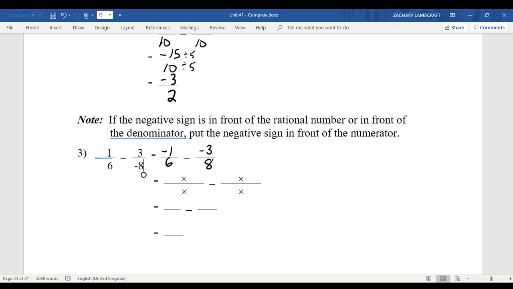Any ideas? So no, because 3 times 6 would be 18, and 8 times 2 would be 16. But we're close. We're getting there.